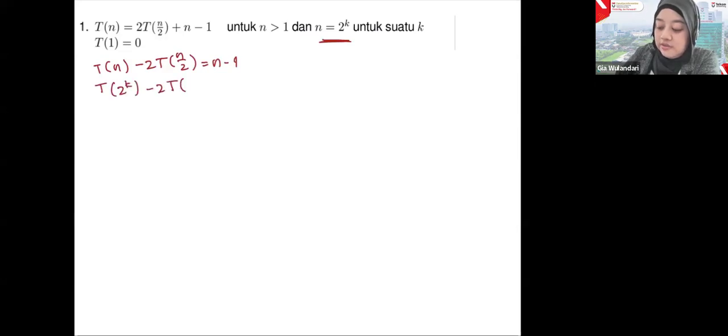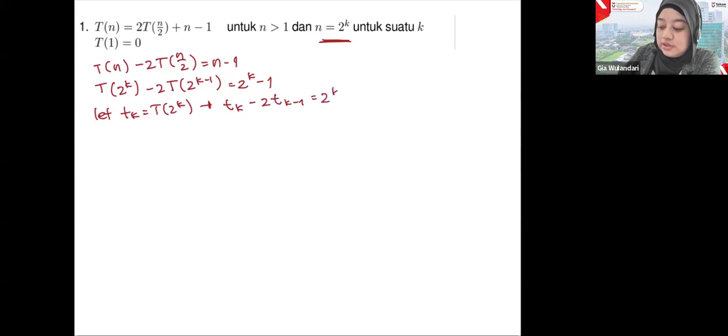So we have this, sorry, 2^k minus 1. And if we say Tk is equal to T2^k, then we can write the equation as Tk minus 2Tk minus 1 equals 2^k minus 1.